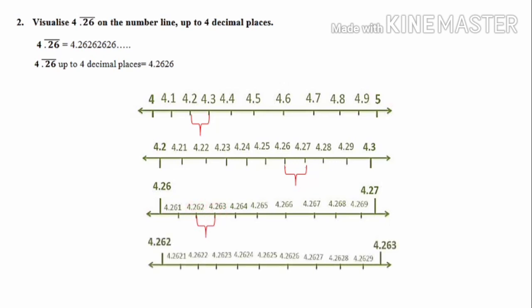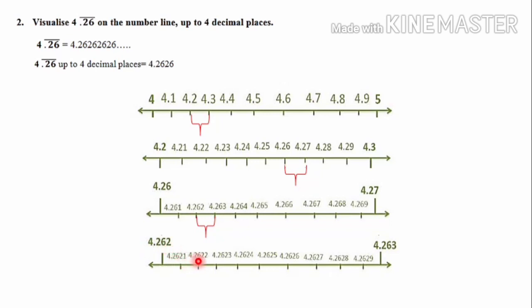So we have located the endpoints again. Let's mark these 2 points on the number line, with 4.262 at the start and 4.263 at the end, and we have divided it into 10 equal pieces. 1, 2, 3, 4, 5, 6, 7, 8, 9 and 10. We have started our number with 4.262, so the next number should be 4.2621.